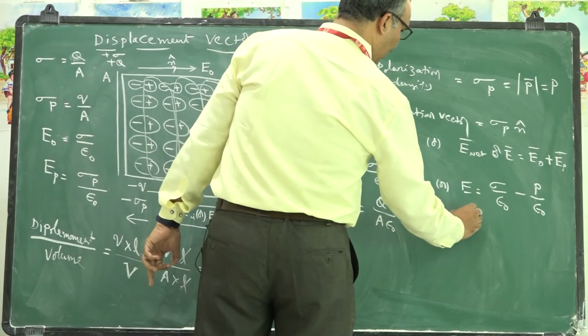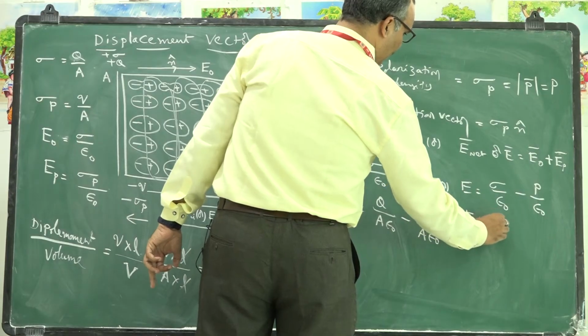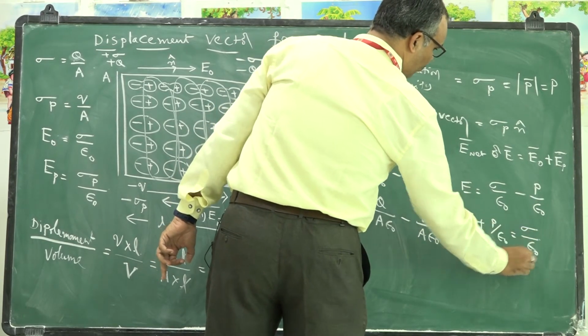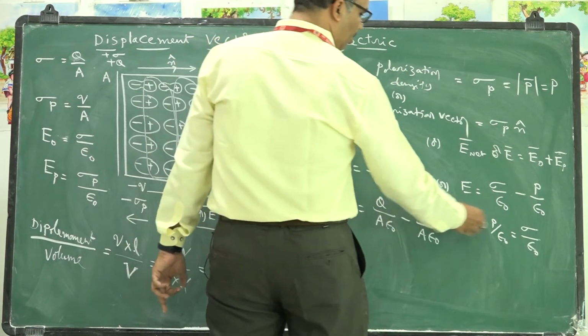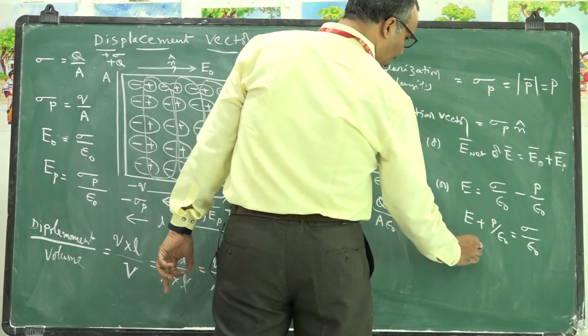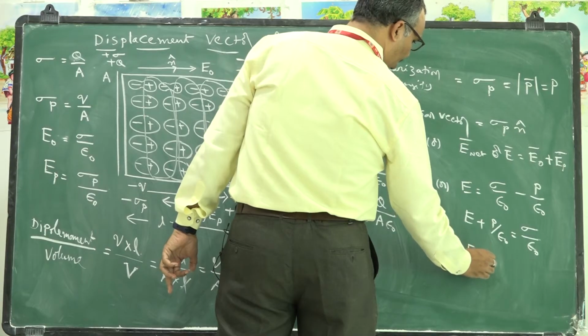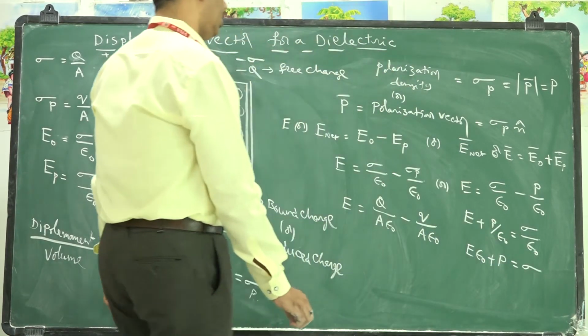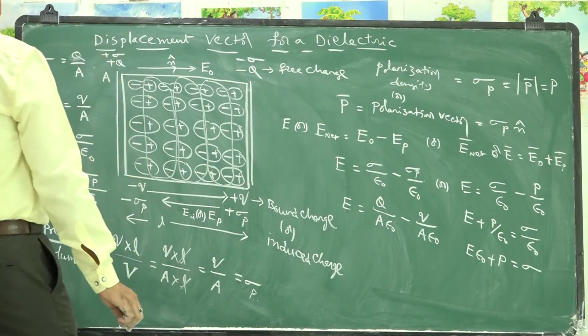You bring it to this side: E plus P by epsilon naught is equal to sigma by epsilon naught. If you multiply with epsilon naught on both sides, E epsilon naught plus P is equal to sigma.